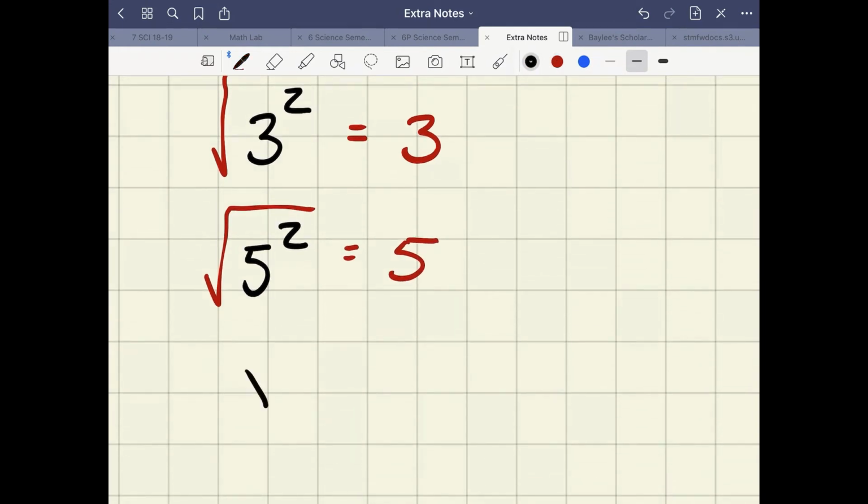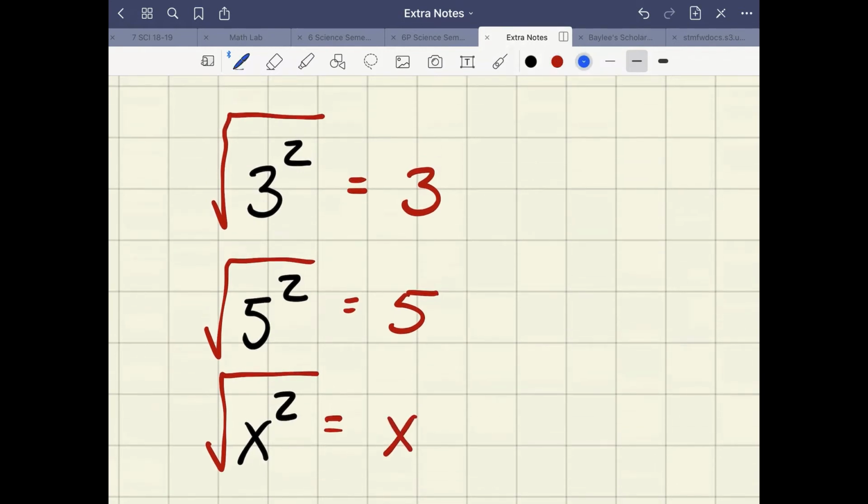If you took x squared, and you took the square root of that, you would get x. And that is because the square root symbol and squares cancel each other out. They're opposites. And so you can see that we're left with 3 and 3, 5 and 5, x and x.